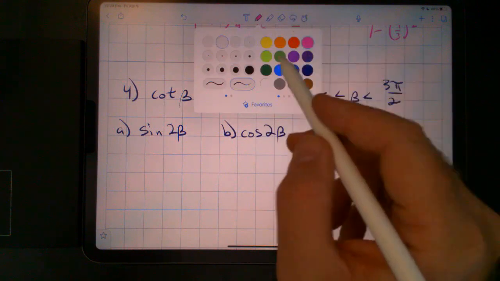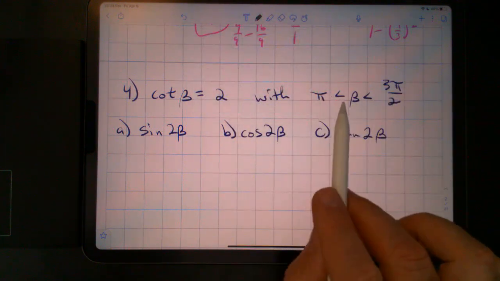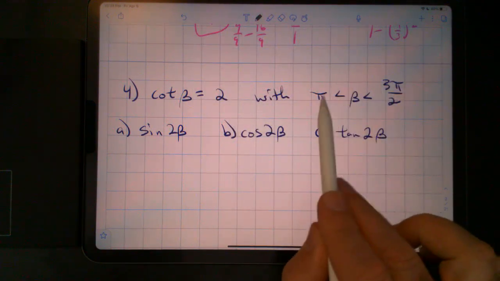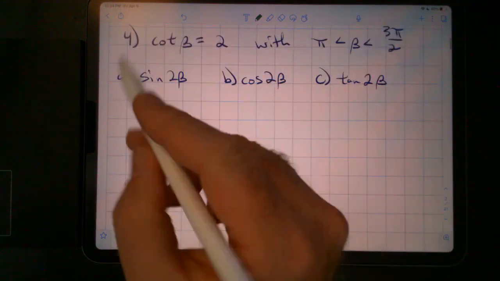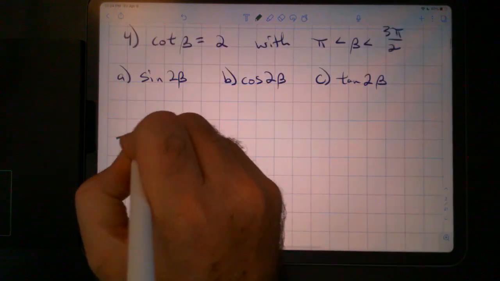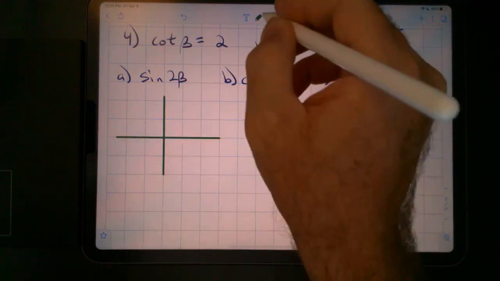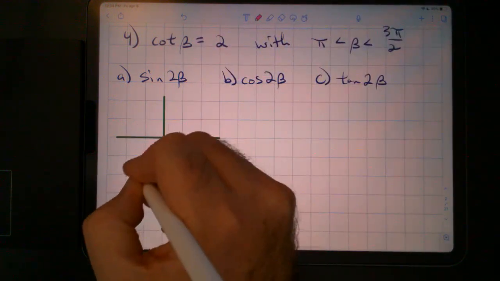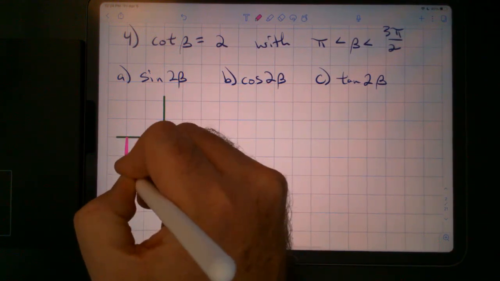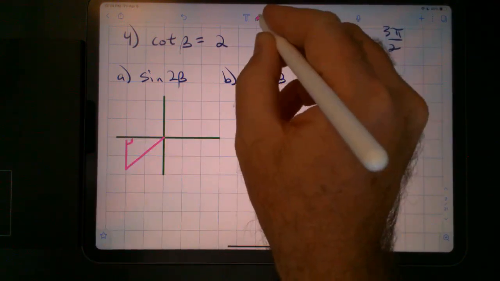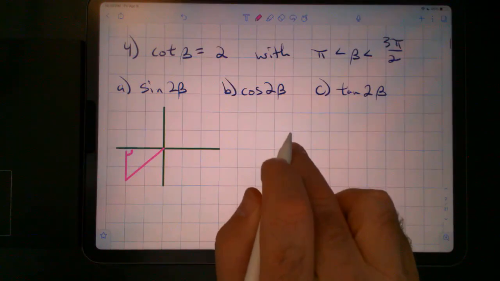Cotangent of beta is 2, and here this says that we are in quadrant 3. So we're in quadrant 3.